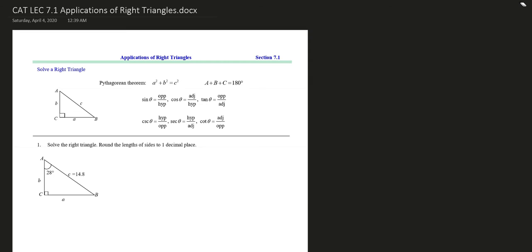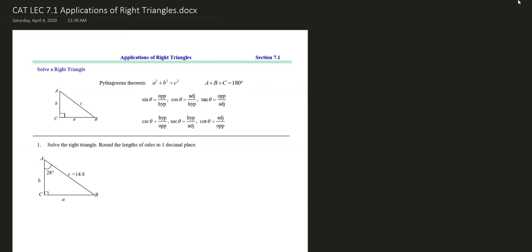So let me remind you the Pythagorean Theorem. The hypotenuse squared equals adjacent squared plus opposite squared. You can say it the other way also. And we know that for any triangle, the sum of all three angles is 180 degrees. So for this triangle right here, you can see AC is the hypotenuse.